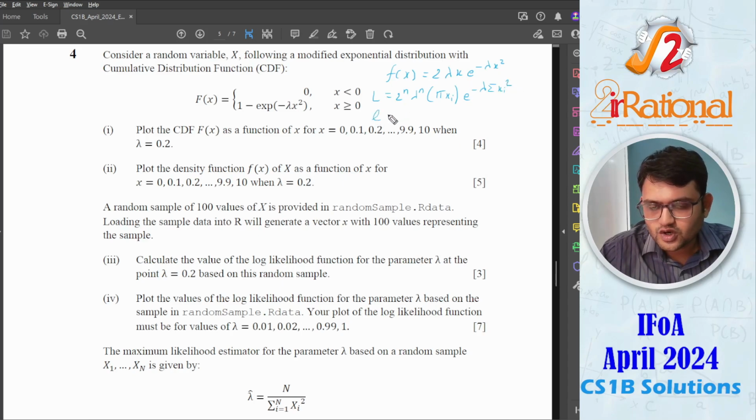So when we take the log likelihood, we get n log of 2 lambda, plus summation log of xi, minus lambda summation xi square.